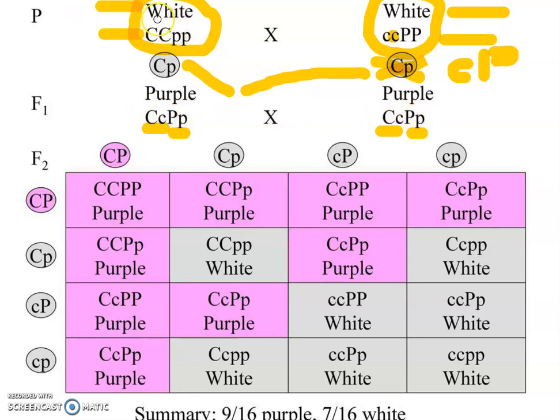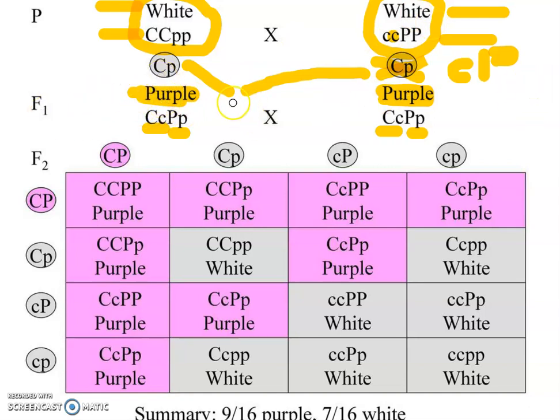In the parents, only one gene of each pair was dominant and the other was recessive. So color is developed here, purple color. Parents were white color, but the first generation was purple color.